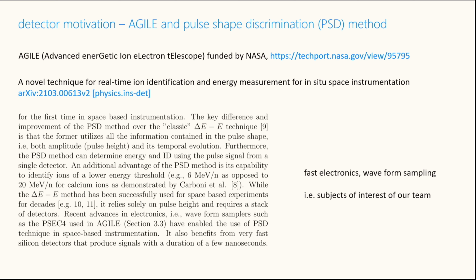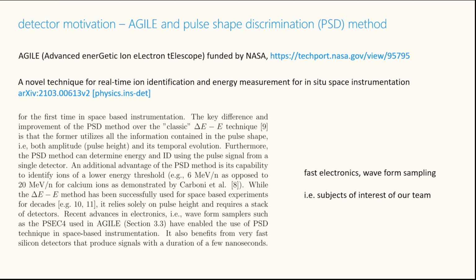In the old so-called delta E minus E technique, you have a thin detector and a thicker detector, and you measure the passage through the first and second and compare the differences. What is necessary is that the particle stops in the second detector, which is usually thicker.